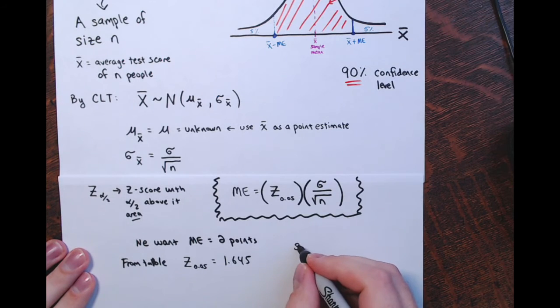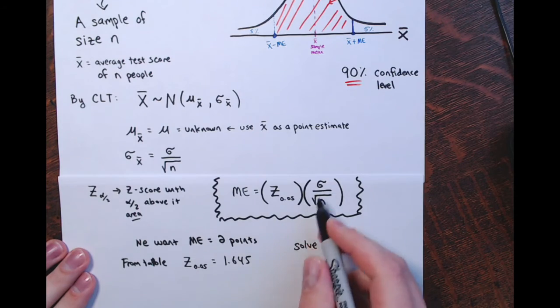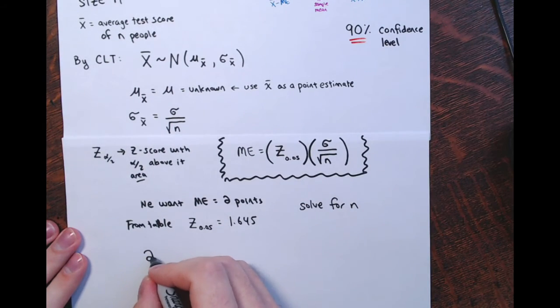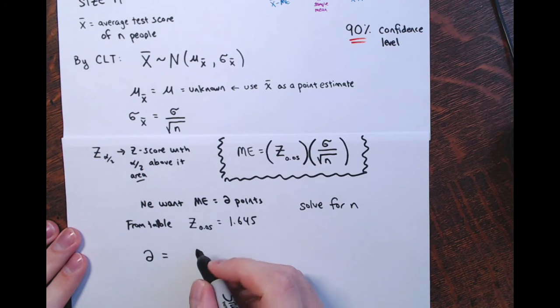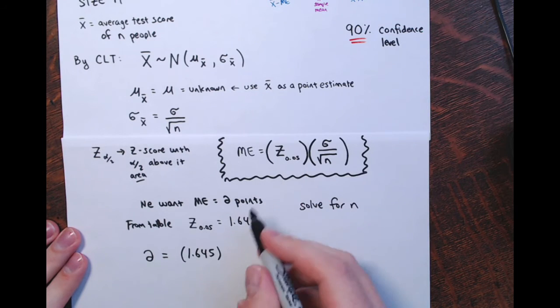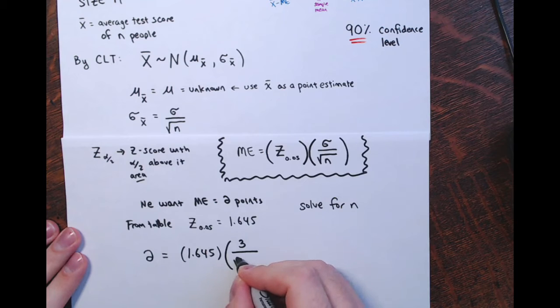Then we just solve for n, because I can plug all this in. So we have 2 on the left side equals the z-score, 1.645, that z with the 5% above it, times 3 for the sigma divided by the square root of n.